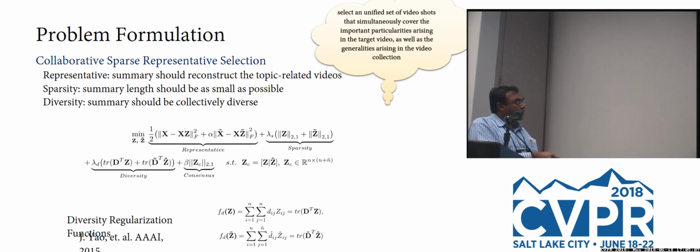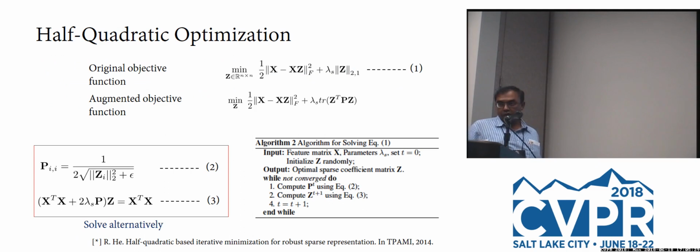So if you did not have the topic-related videos, this term would go away, this term would go away, and this term would go away, and you would be left with the rest of the terms. But by bringing in the topic-related videos, you have a very similar optimization function, but with this extra term now included.